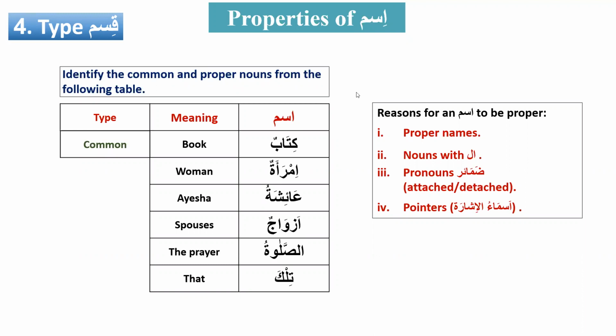It doesn't start with an al. It's not a pronoun. It is not one of those 6 words: haza, hazihi, haulai, zalika, tilka, ulaika. So it doesn't fall under any of these 4 categories. So that is why it will be a common noun. Yeah, thank you, Imad.